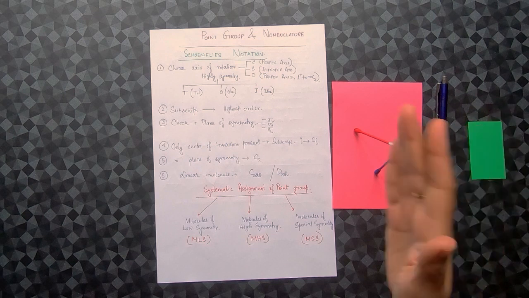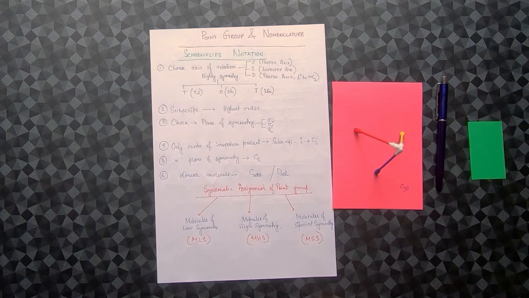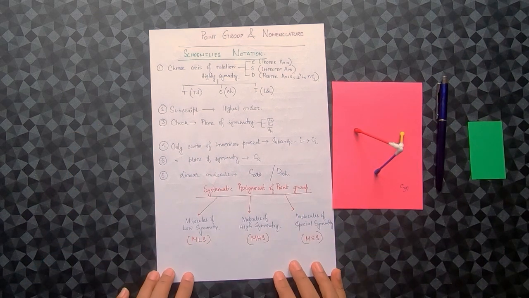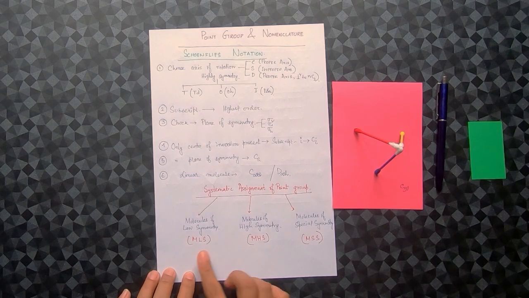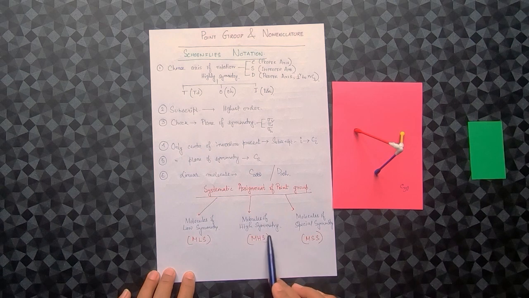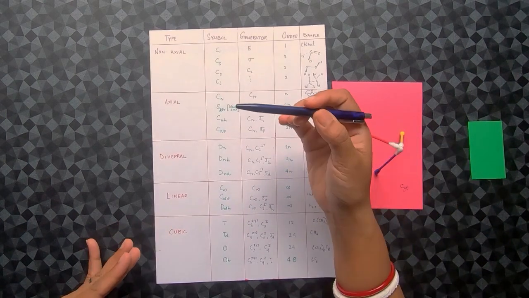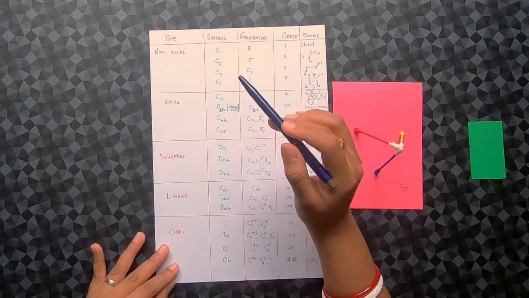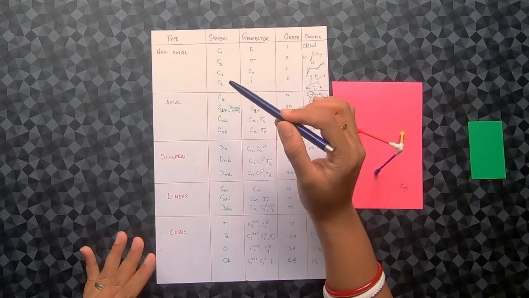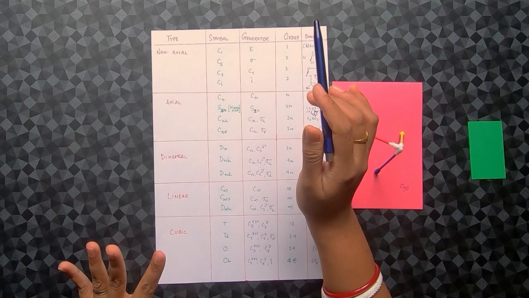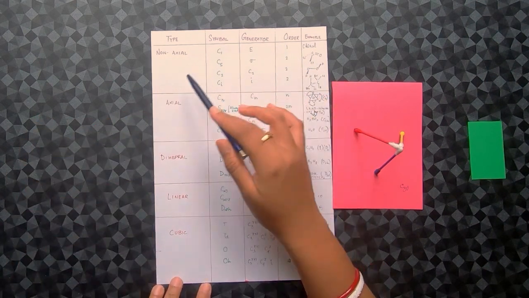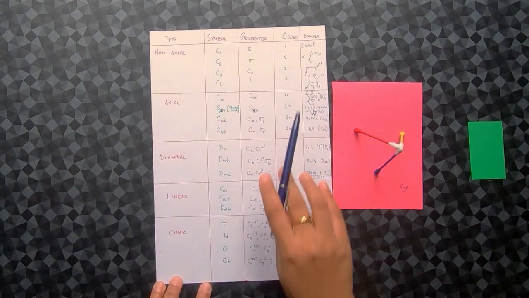These point groups are broadly classified into three parts: molecules of low symmetry, MLS, molecules of high symmetry, MHS, and molecules of special symmetry, MSS. These three categories are defined in this chart.